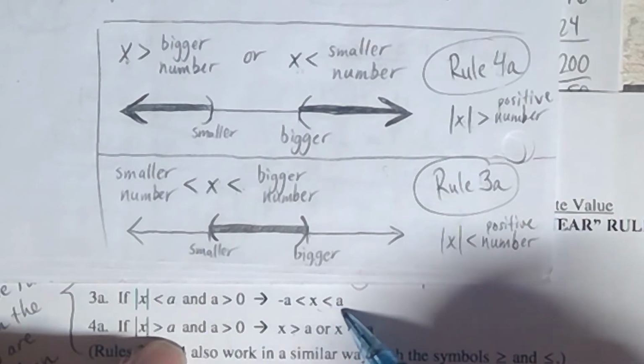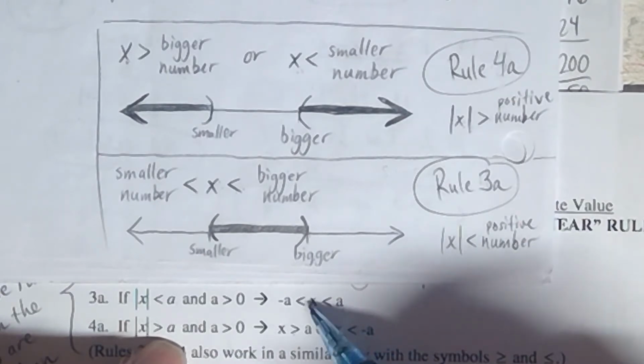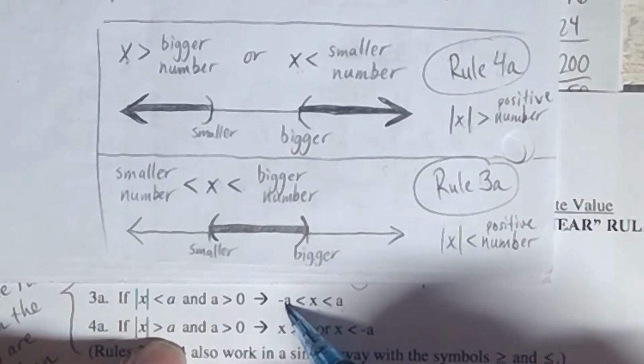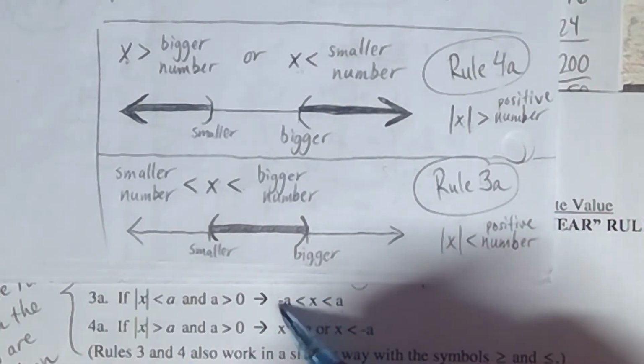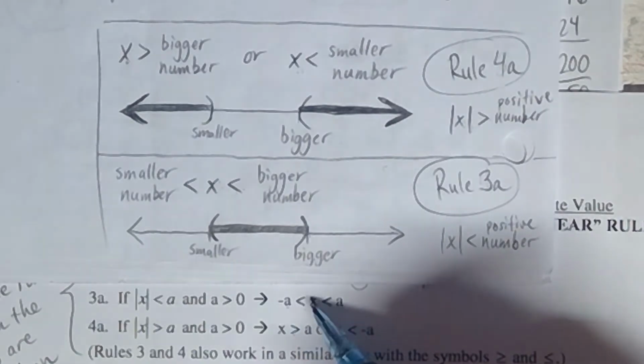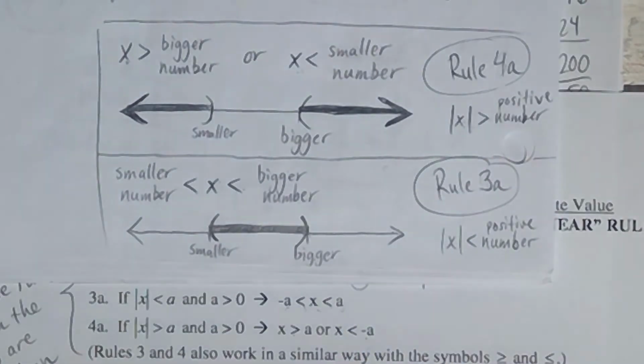Less than positive, greater than negative, talking about the x in the middle. Because the alligator's eating the x in relation to the negative here. It would rather eat the x than the negative number here. And so x is greater than the negative, but it's less than the positive.